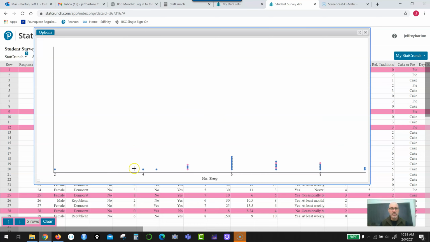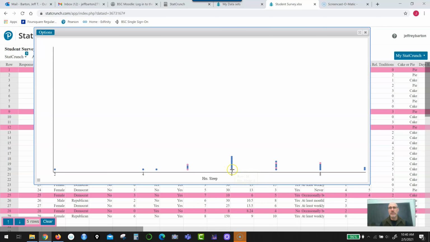Each of these dots represents an observation or a student who reported that number. So we had one student report 2 hours of sleep, one reported 4 hours of sleep, one is the 4.3 that we just calculated. And then we can see that for 6 hours of sleep, we had the most responses.